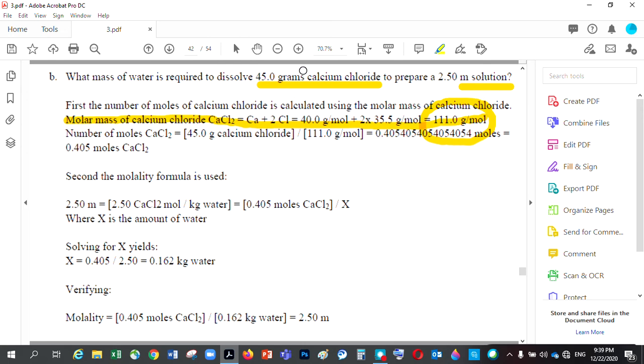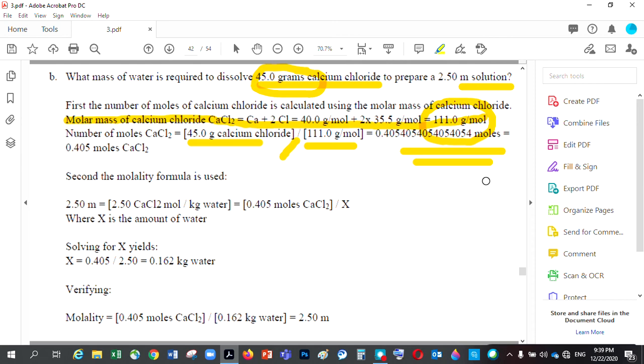Take this 45 grams of calcium chloride divided by its molar mass, to get the number of moles. Then set it up with the molality 2.50.